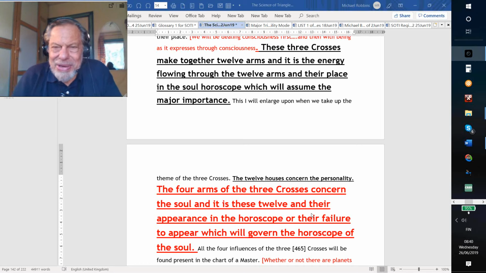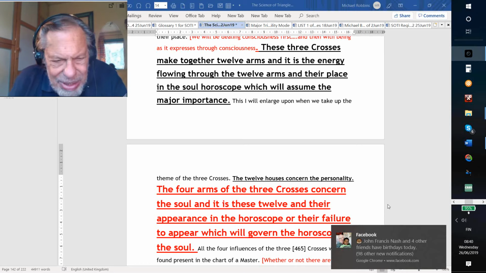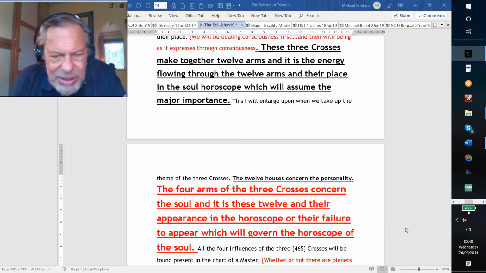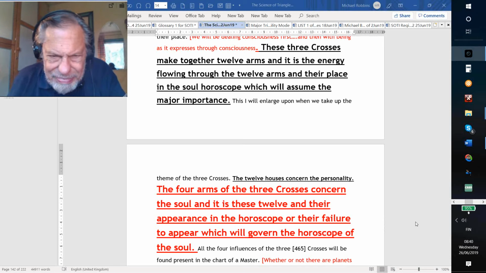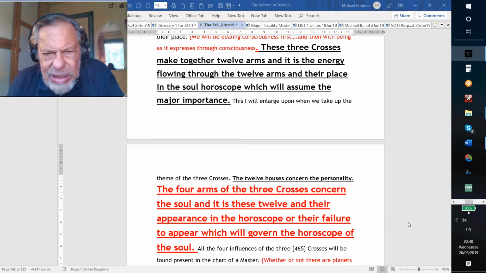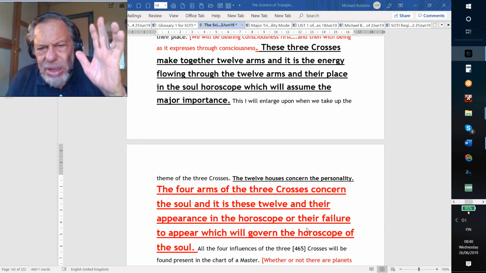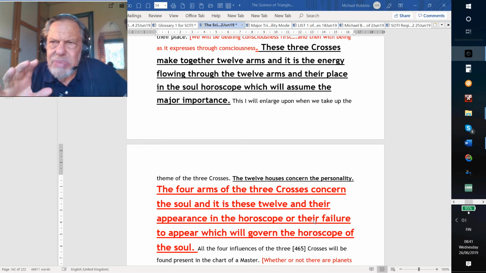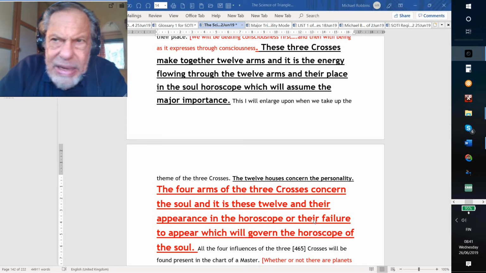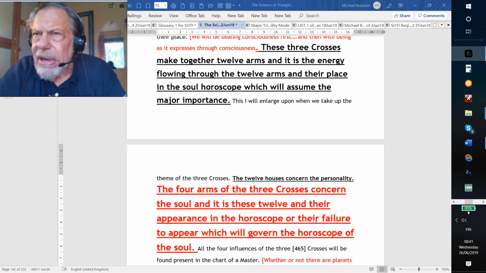So the tougher the better, and the more difficulty there is from the perspective of the soul, the better. So the crosses concern the soul, and it is these 12 and their appearance in the horoscope, or their failure so to appear, that's a hint, which will govern the horoscope of the soul, because sometimes there's going to be some blank spaces, and what do you do about that?